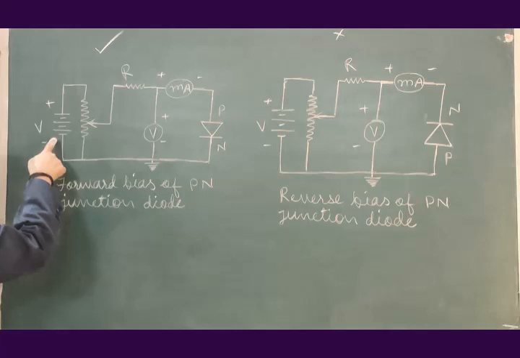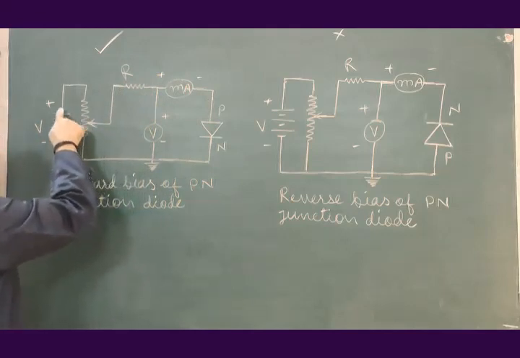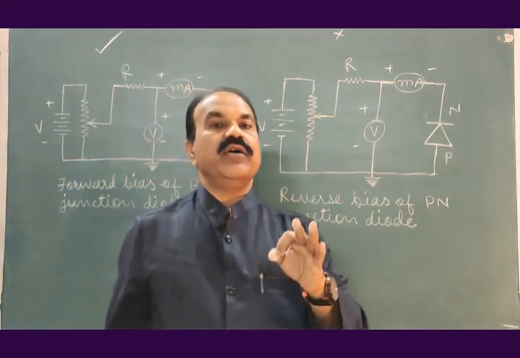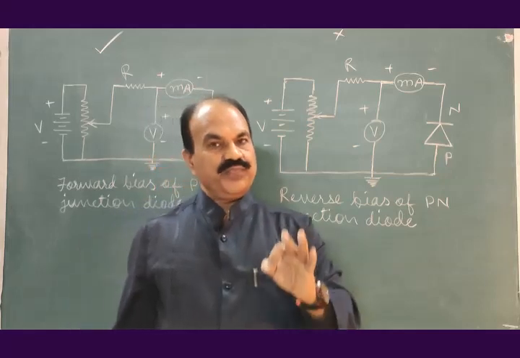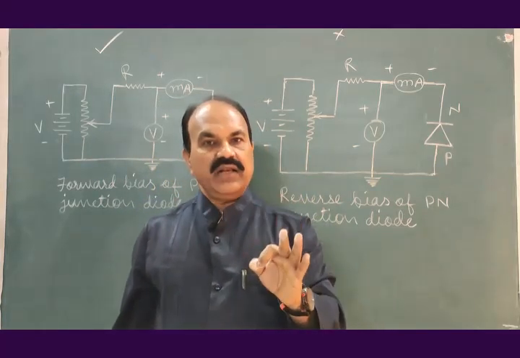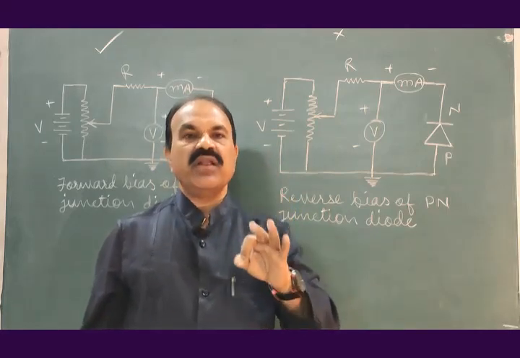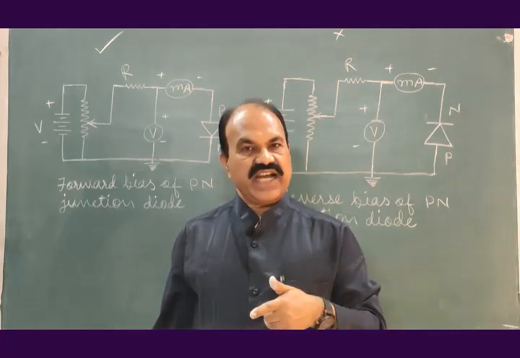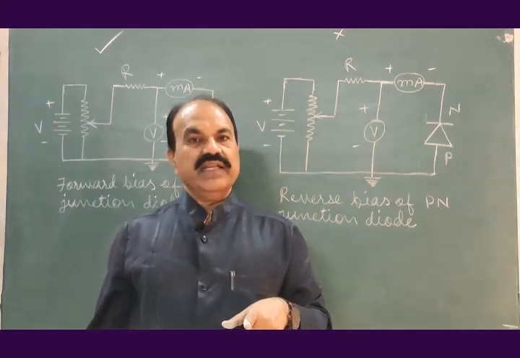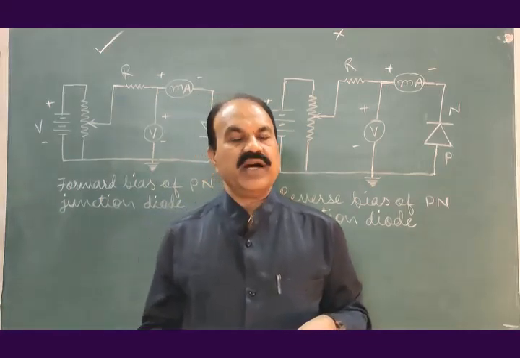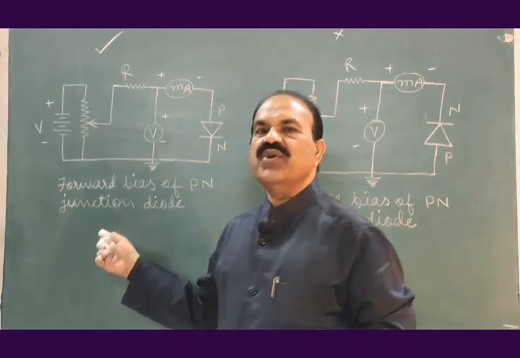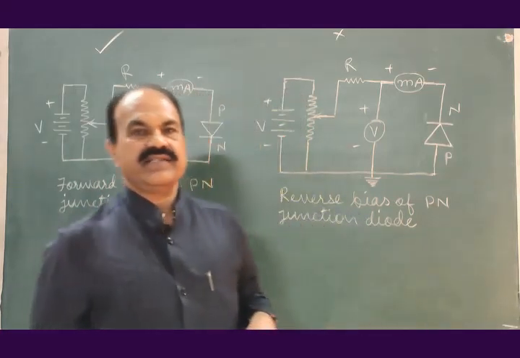N type is connected to the negative of the power supply, whereas P type is connected to the positive. Whenever the P type side of a PN junction diode is connected to the positive terminal of the battery, and the N type is connected to the negative terminal of the battery, it is said that the PN junction diode is connected in forward bias.